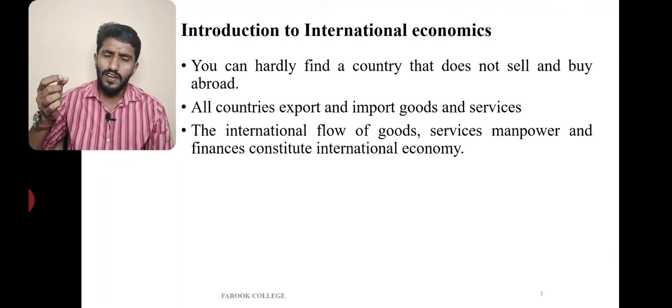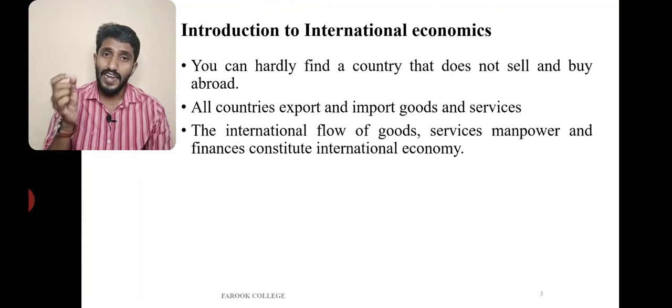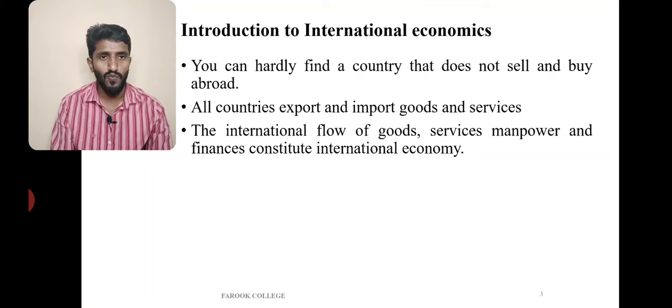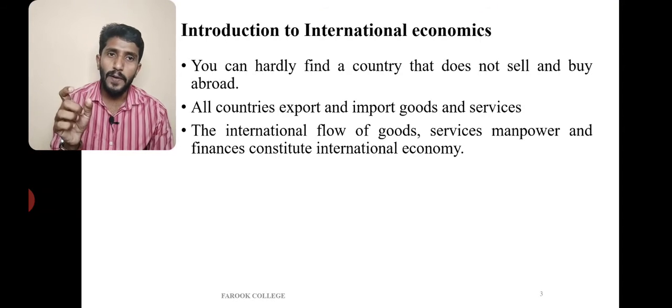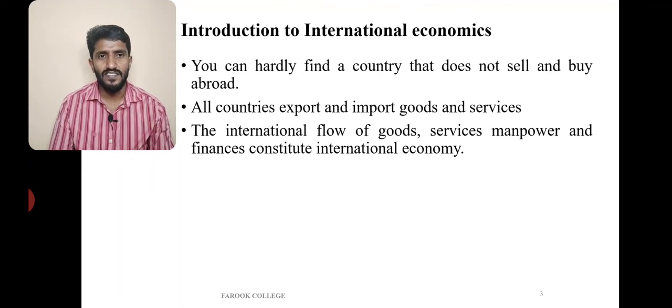So when this kind of transaction is occurring, it might be in different ways. It can be flow of goods or services or manpower or finances. So these are the different flows of economic transactions.